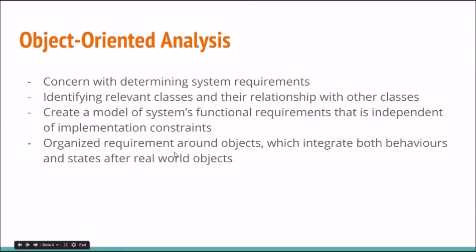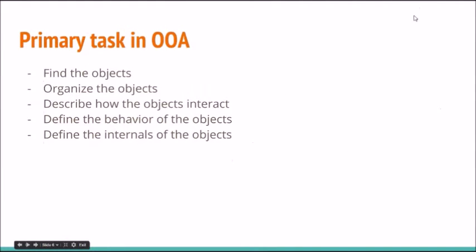It organizes requirements around objects, which integrate both behavior and state, modeled after real-world objects. The primary tasks in object-oriented analysis are to find the objects, organize the objects, describe how the objects interact, define the behavior of the objects, and define the internals of the objects.